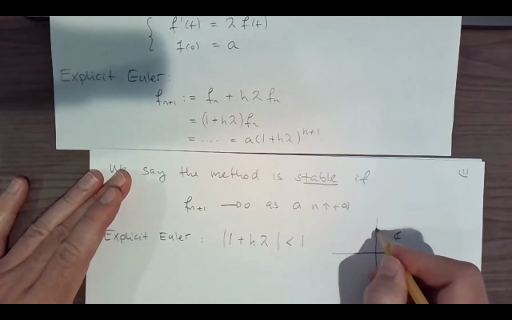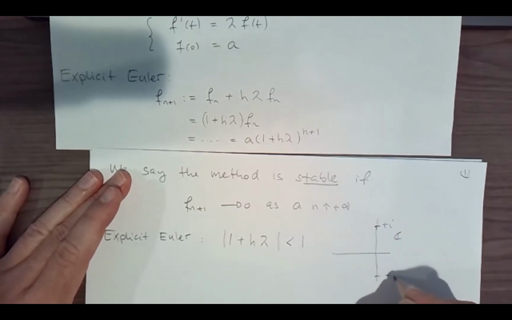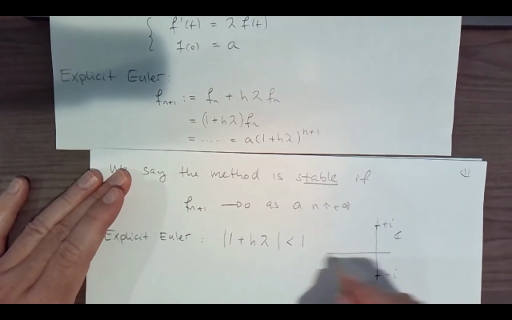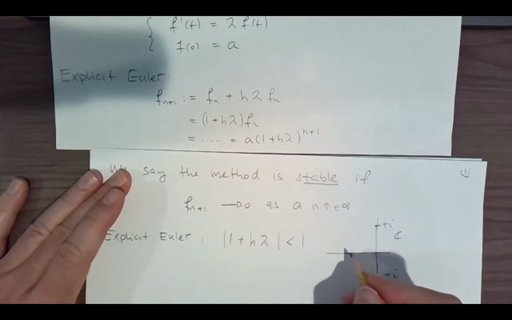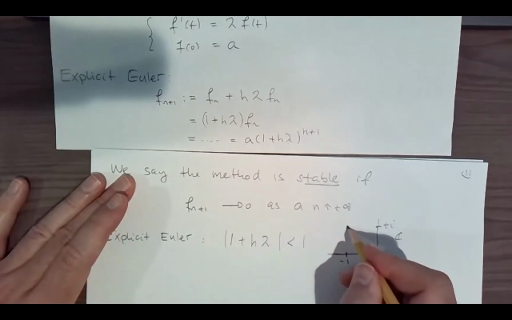Up here we will have plus I, and down here we will have minus I. And so we have h lambda equal to 1, then I'll have a minus 1 here, and then I'll have a circle.